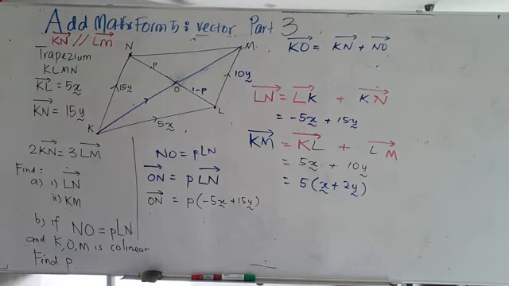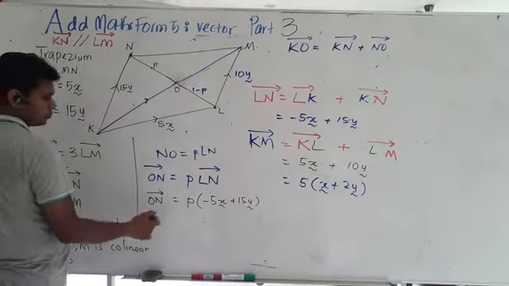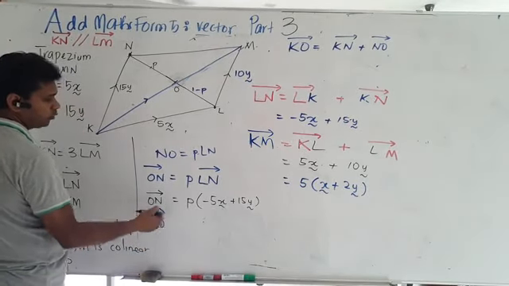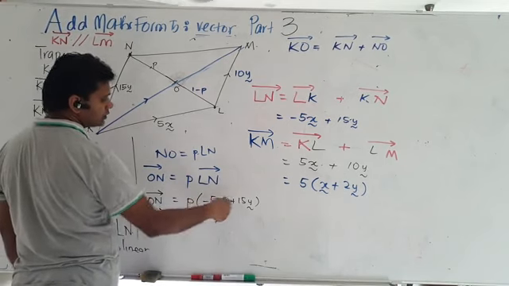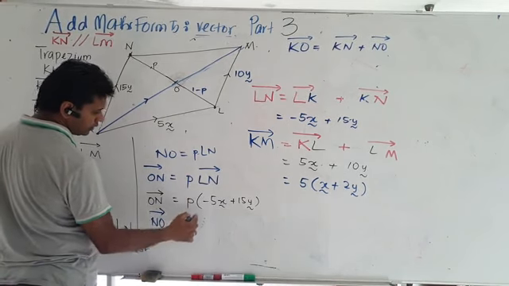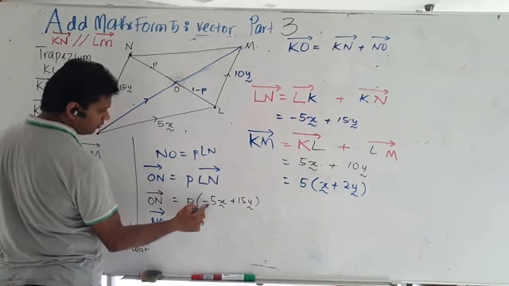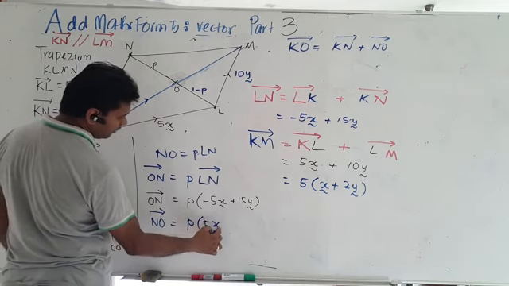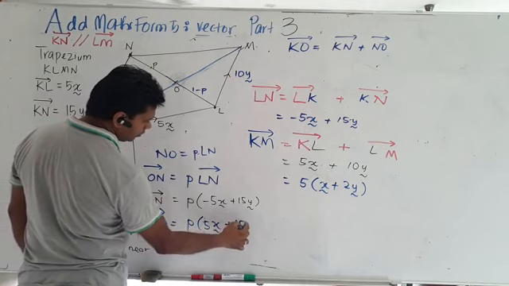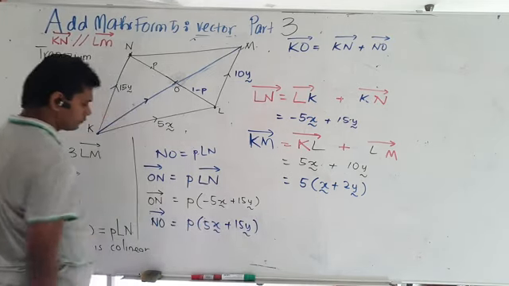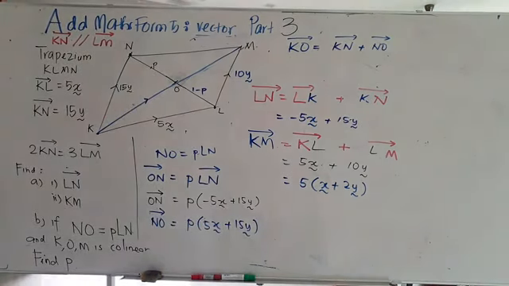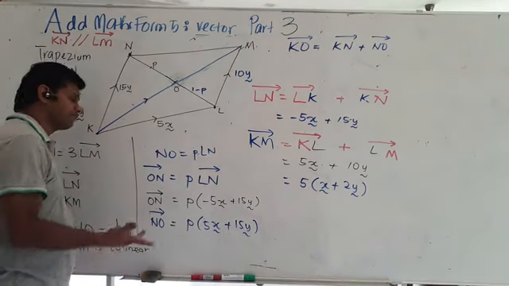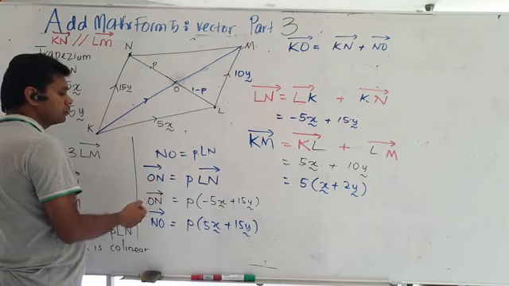You okay? What is NO here? This is ON, so NO must be, change the sign. NO must be positive 5x and negative 15y. So P times positive 5x minus 15y. So that's NO. Is it getting complicated? Nothing. I'm just using ratio.